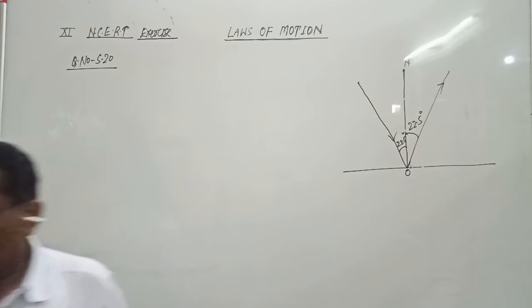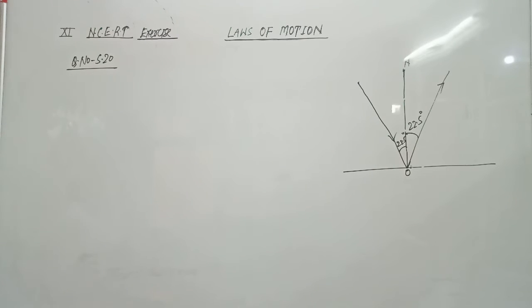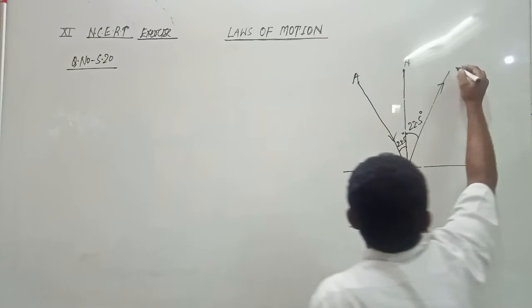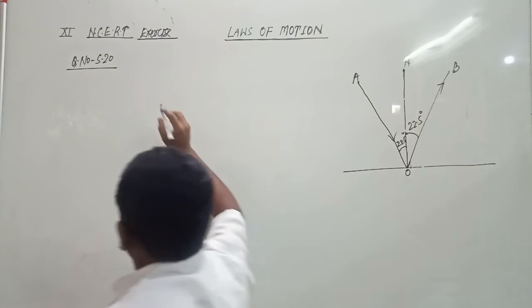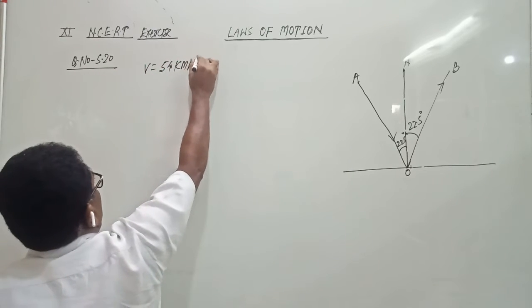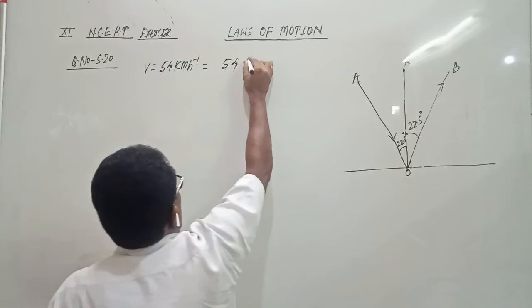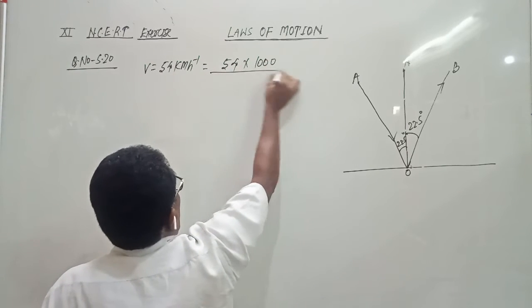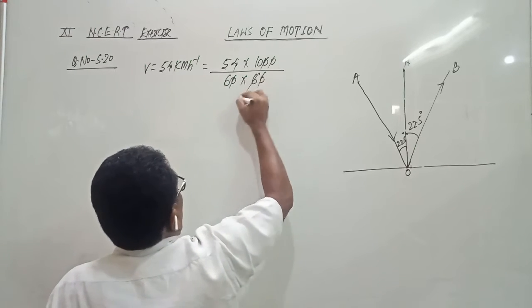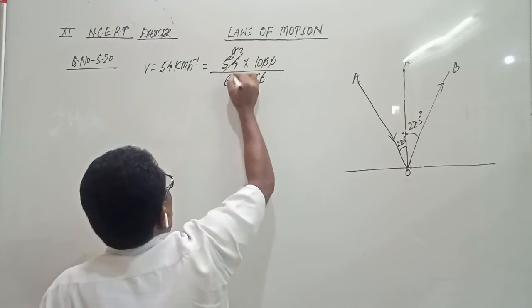So a batsman deflects a ball by an angle of 45 degree without changing its initial speed, which is 54 kilometer per hour. Firstly we convert it into meter per second. 54 into 1000 divided by 60 into 60, and that is 15 meter per second.